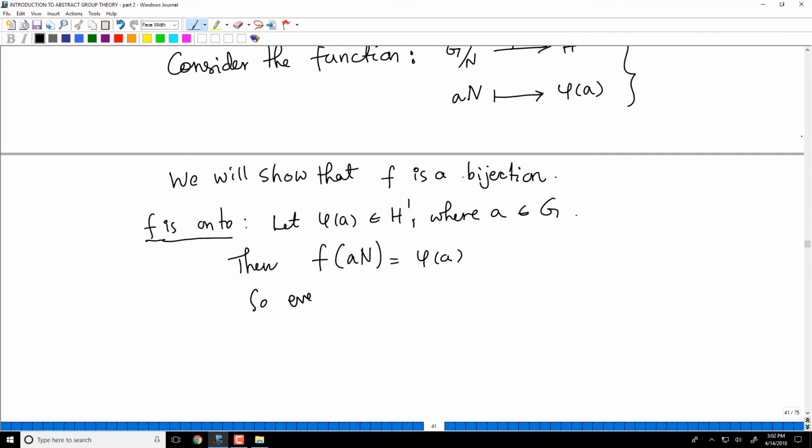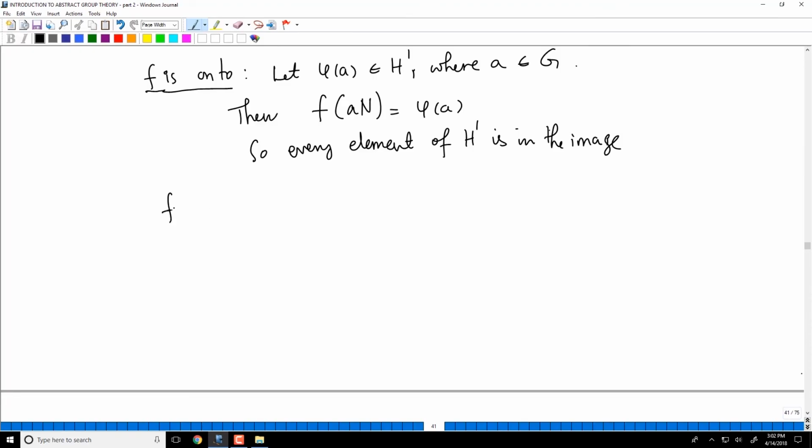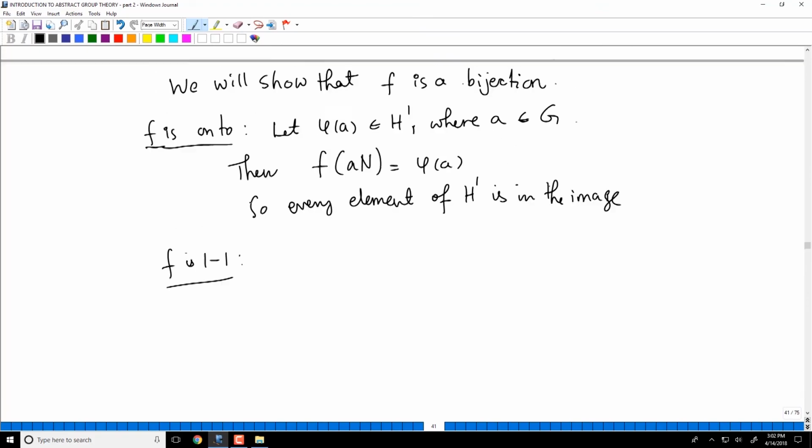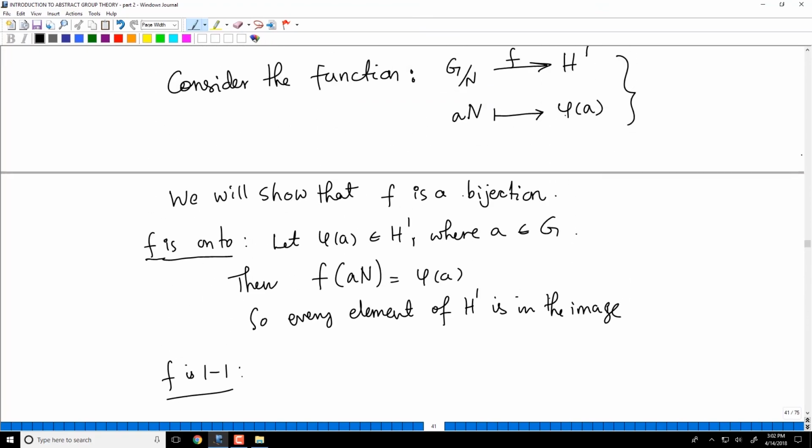So every element of H prime is in the image, so f is onto. Now we will show that f is 1-1. What is the meaning of 1-1? If two elements under f map to the same element, those two elements are equal.